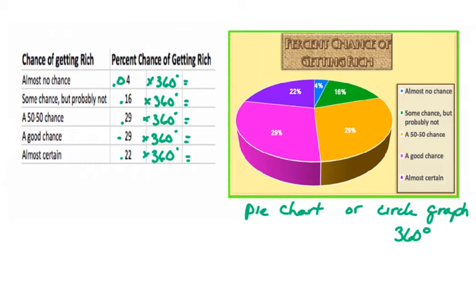So 4% is 14.4 degrees. 16% would be 57.6 degrees. Then we've got 29%, which is 104.4 degrees.